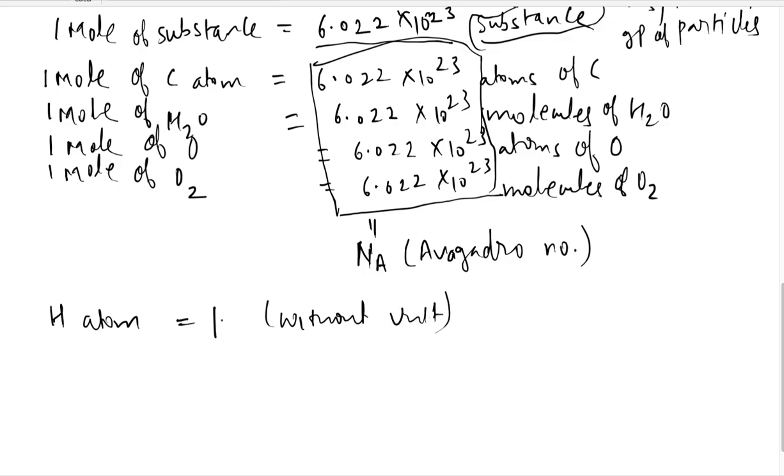And then they assigned mass to other elements with respect to hydrogen. So that was called relative mass. Every other element, like carbon, was given a mass according to how much it weighs with respect to a hydrogen atom.